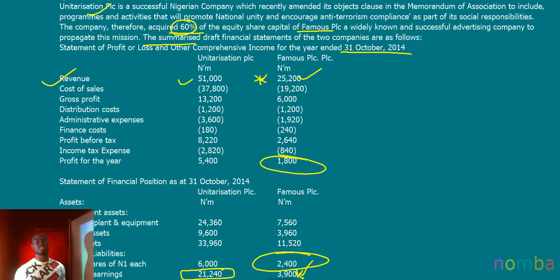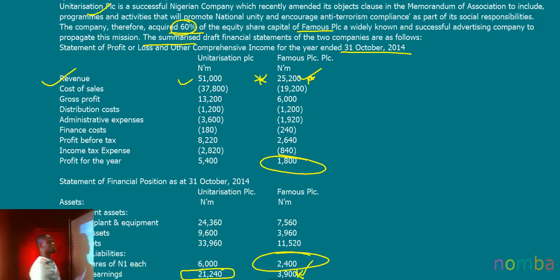We acquired the subsidiary on 1st May 2014, and we are consolidating on 31st October 2014. So the consolidation period will only be 6 months for the statement of profit or loss. So let's take the post-acquisition portion of this 25,200. That will be 25,200 multiplied by 6/12, which is the same thing as dividing by 2. Do you get? That will be 12,600.